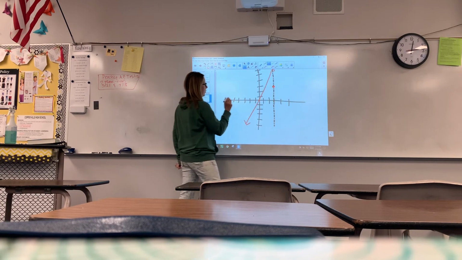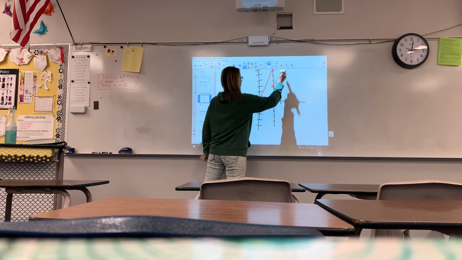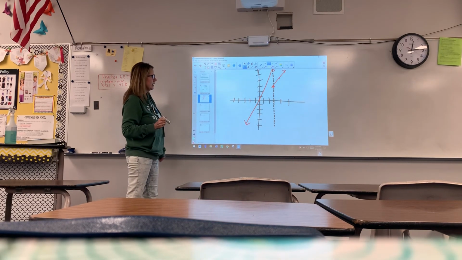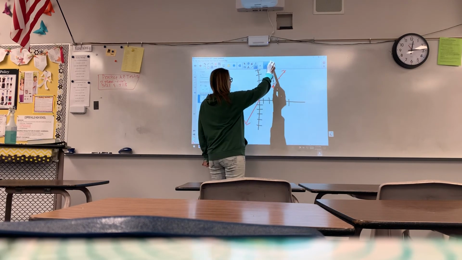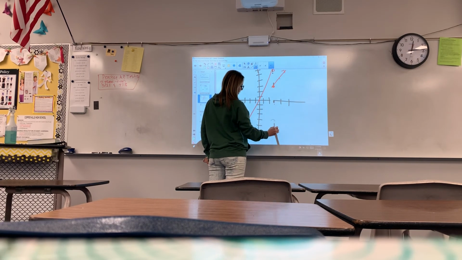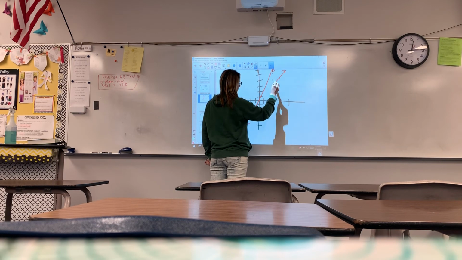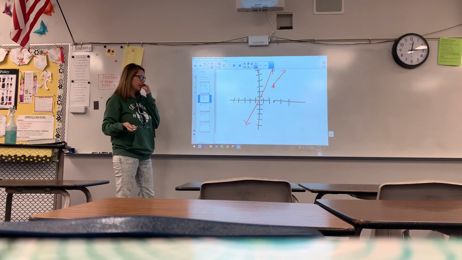If I go to 4, 5, it's going to go through this point, and then it's just going to go like this and move on. Okay, so that's going to be the graph of that first piecewise function. If you did draw your little guide, this line here, you're going to want to erase it, because it's not part of the graph. It was just to help us see the right side and the left side.